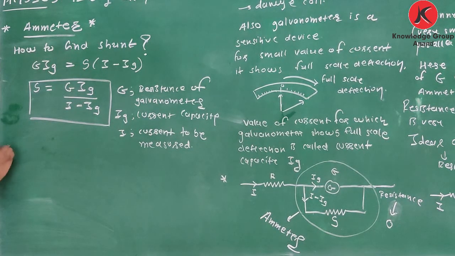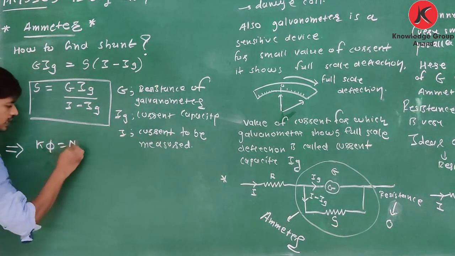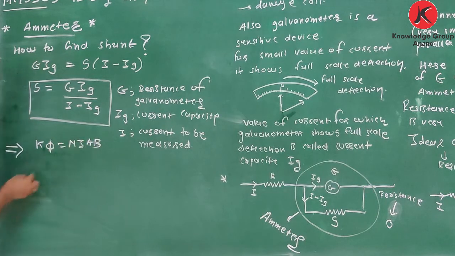Now, in the last lecture, we obtained one equation, that is K phi is equal to NIAB.